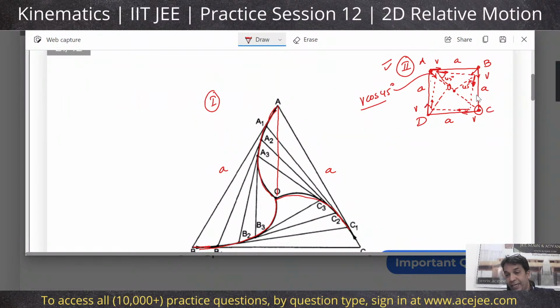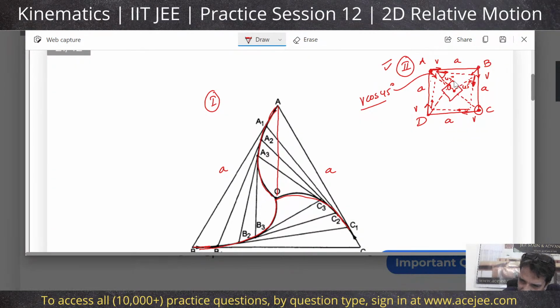And note that the particles are always moving, at any given instant, along the sides of the square. Correct? At that instant, the velocity is along the side. The component of the velocity towards the center O is still V cos 45. In fact, that's the case always, even if the square reduces like this.